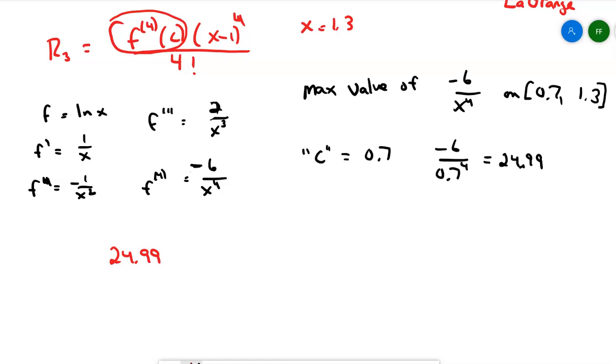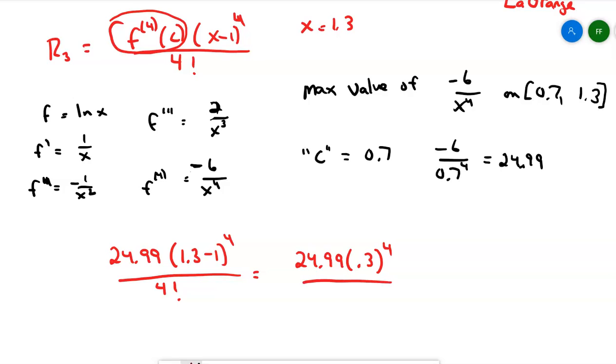So I got 24.99. That's the maximum value of that fourth derivative. We said we're going to put a 1.3 in for x. So 1.3 minus 1 to the fourth over 4 factorial. That's going to give me 24.99 times 0.3 to the fourth over 24. And then that's just left for us to throw into a calculator and see what we get. 0.3 to the fourth, multiply it by 24.99, and then divide that by 24.